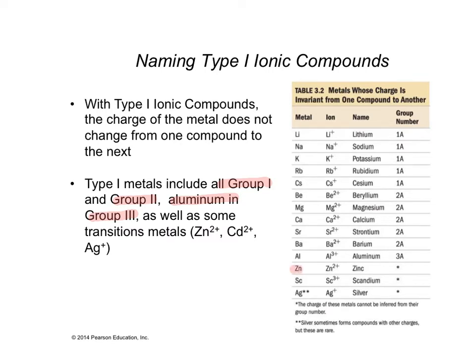Zinc is a transition metal, but it only forms a 2+ charge. Cadmium is another, it only forms a 2+ charge, as well as silver. So the majority of the predictable metals are group 1, group 2, aluminum in group 3, and then just a few of the transition metals.